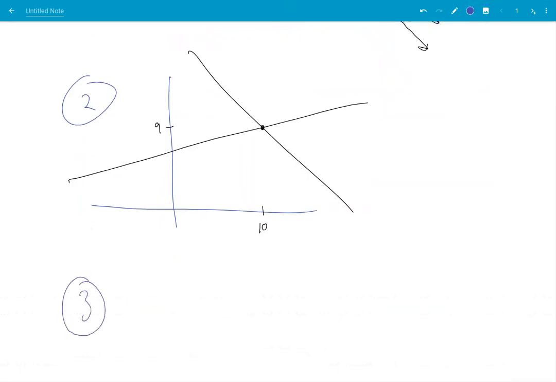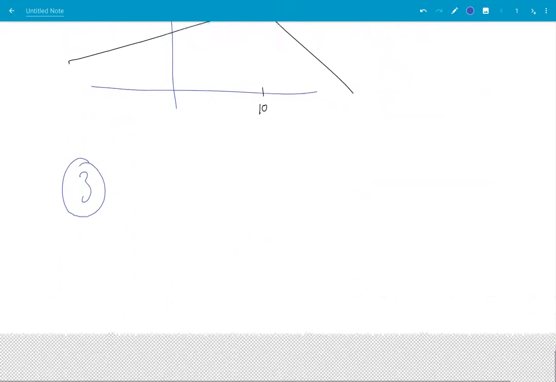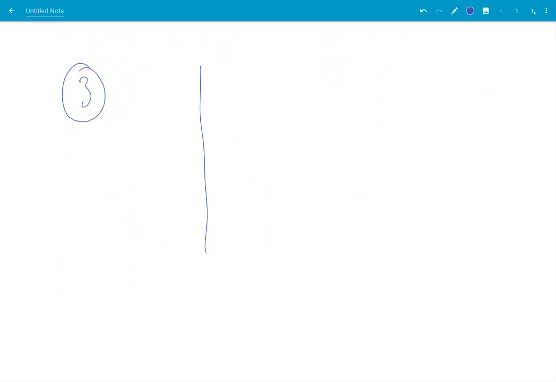Infinitely many solutions. It's when you have just two equations, two variables, that's not very interesting. You could have something like 2x minus 3y is equal to 1, and minus 6x plus 9y is equal to minus 3.